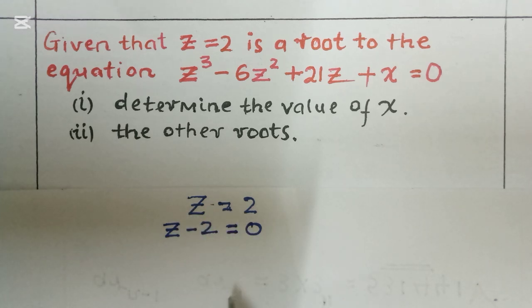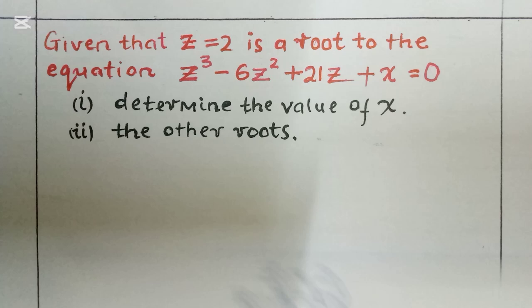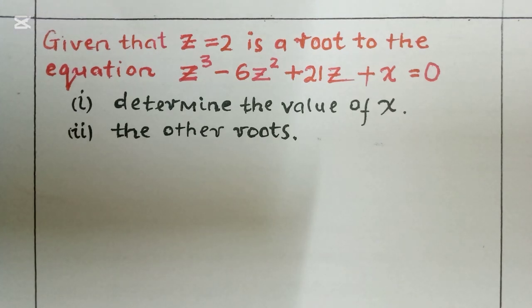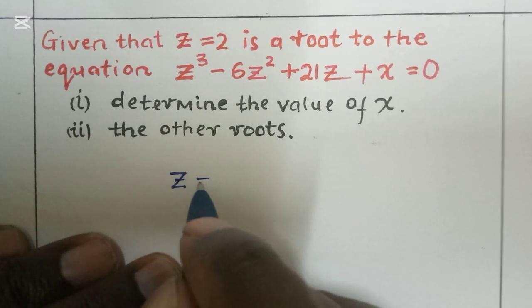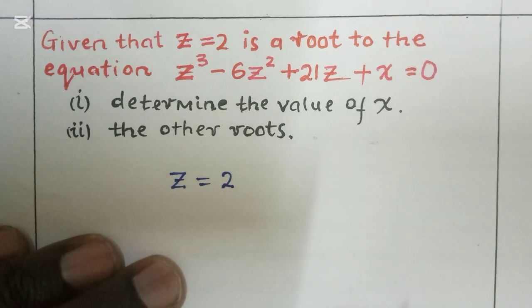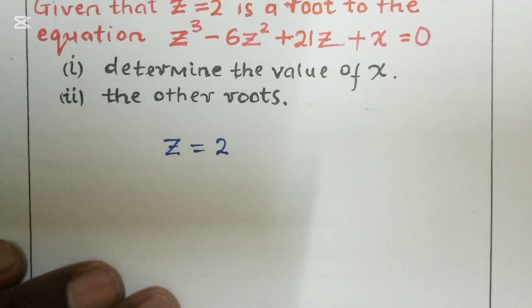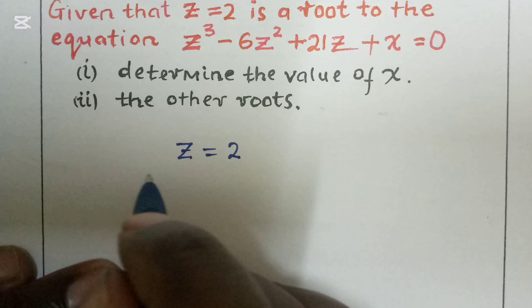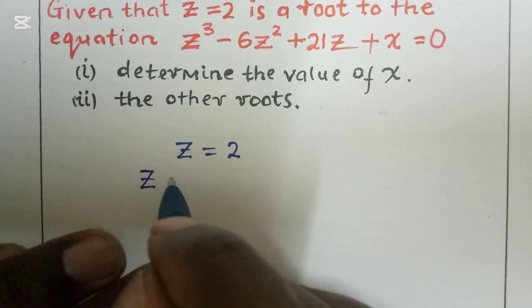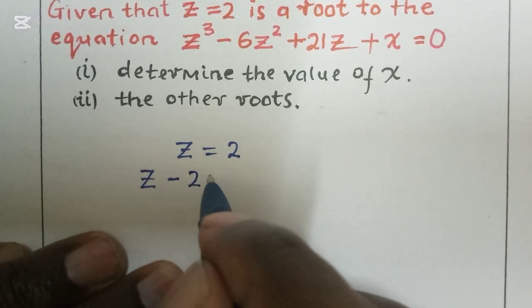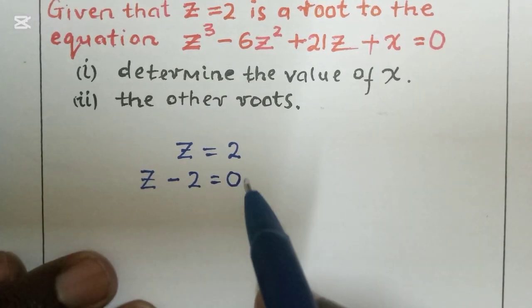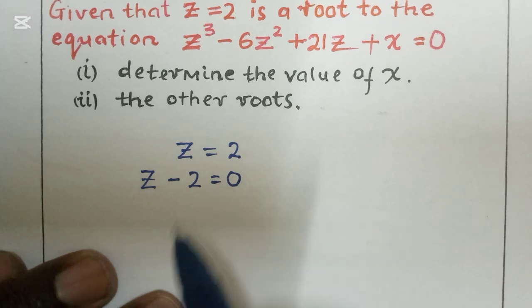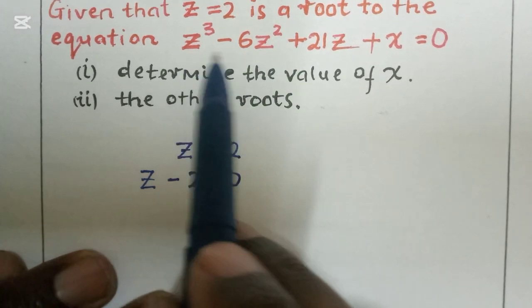So guys, we are going to use that method. We say z equals 2, and therefore the factor that brings about the root 2 is z minus 2, which is supposed to be equal to 0. Together with the other factors, if you multiply them together, that is when you get the polynomial.